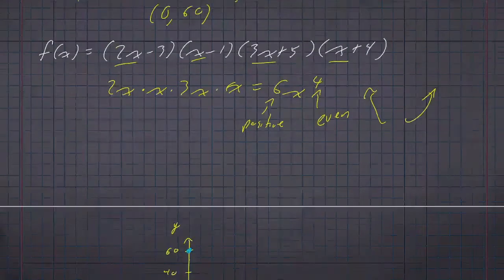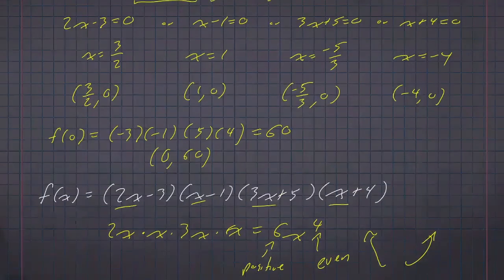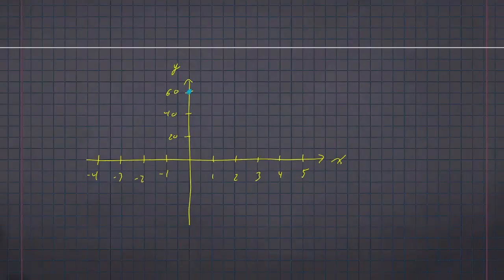Our x-intercepts, I'll scroll back up so we can look at them again: 3/2, 0; 1, 0; negative 5/3, 0; and negative 4, 0. Negative 4 is right here. Negative 5/3 is somewhere between negative 1 and negative 2, around about there. And 1 and 3/2.